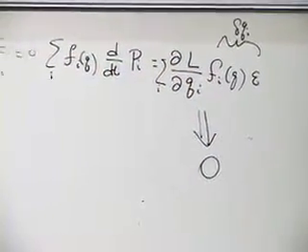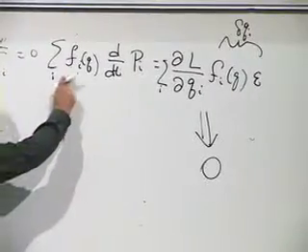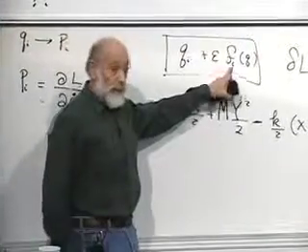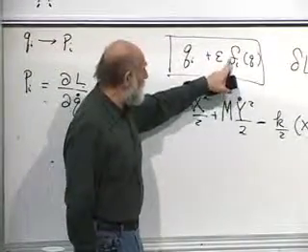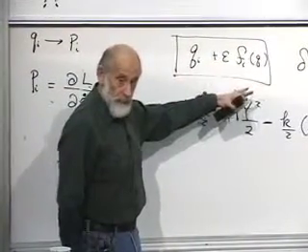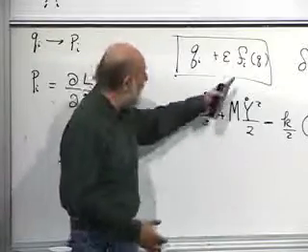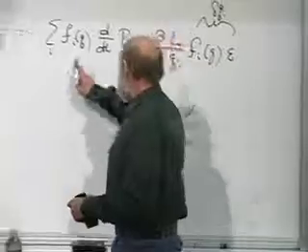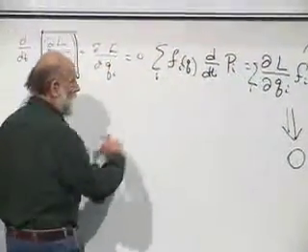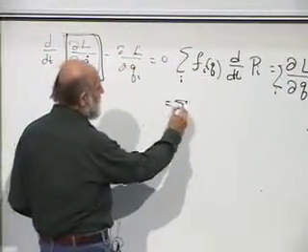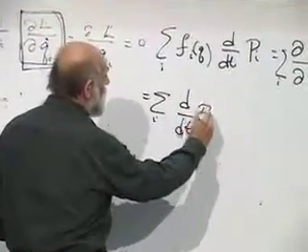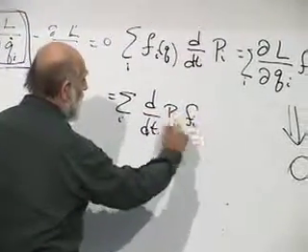On the other hand, the right-hand side here, these f's are supposed to be not time-dependent. These are constant time-independent shifts. Not a shift which depends on a time, but a shift which is completely independent of time. Then the time derivative of f is 0, and we can write that this is the sum over I of d by dt of p sub I f sub I of q.